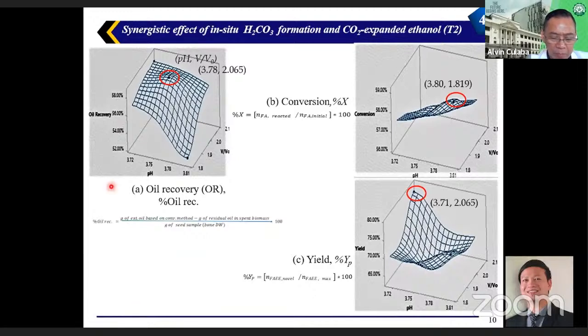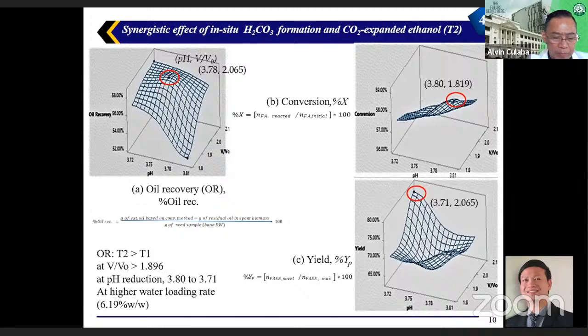The increase in volume expansion coefficient, or V over V0, of the solvents resulted in an increase in oil recovery by 11%. In this effect, about a 6% increase in yield was also achieved. The highest oil recovery and yield were obtained at conditions where the volume expansion coefficient was also highest at 2.065 and the pH was lowest at 3.71.